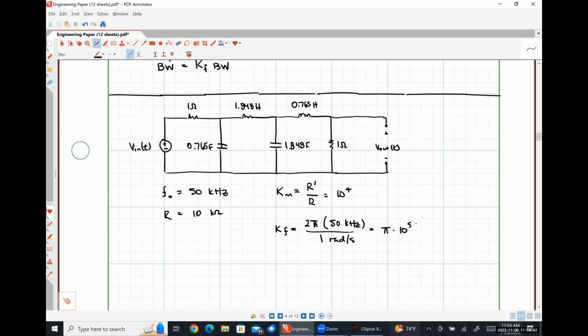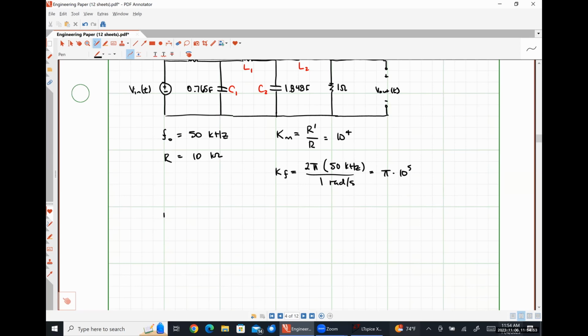So if we call this capacitor C1, this capacitor C2, this inductor L1, and this inductor L2, what we'll find is that L1 prime will be Km over Kf times L1.